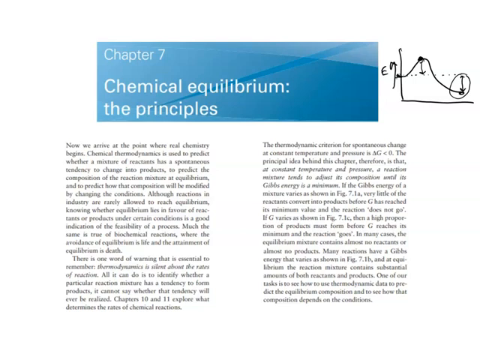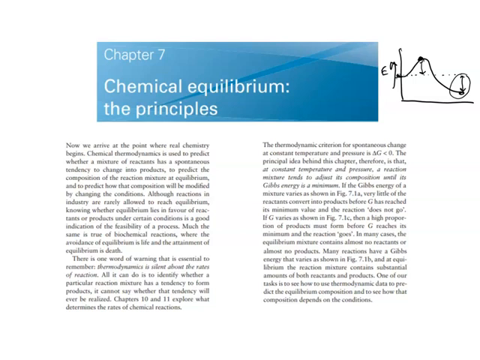If the Gibbs energy of a mixture varies, as shown in figure 7.1a, which we'll show shortly, very little of the reactants convert into products before Gibbs energy has reached its minimum value and the reaction does not go. If G varies as shown in figure 7.1c, then a high proportion of products must form before G reaches its minimum and the reaction goes.